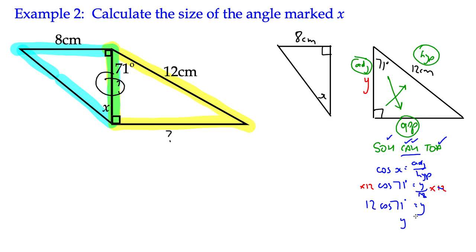So y, according to my calculator, 12 times the cos of 71 is 3.906, which rounds to 3.9 if I'm doing it to one decimal place. Centimetres. So here we've got y is actually 3.9 centimetres, which means that this is 3.9 centimetres as well.